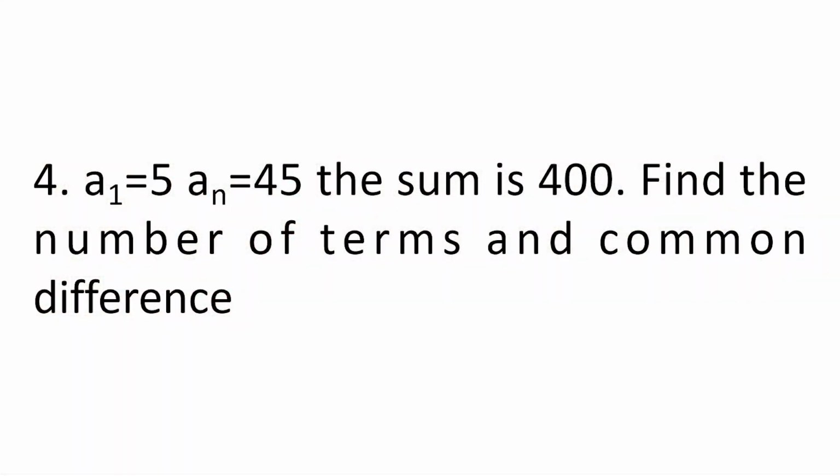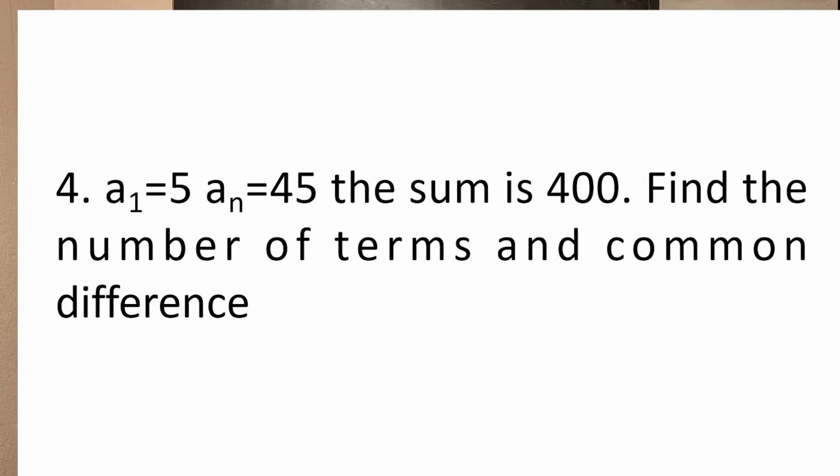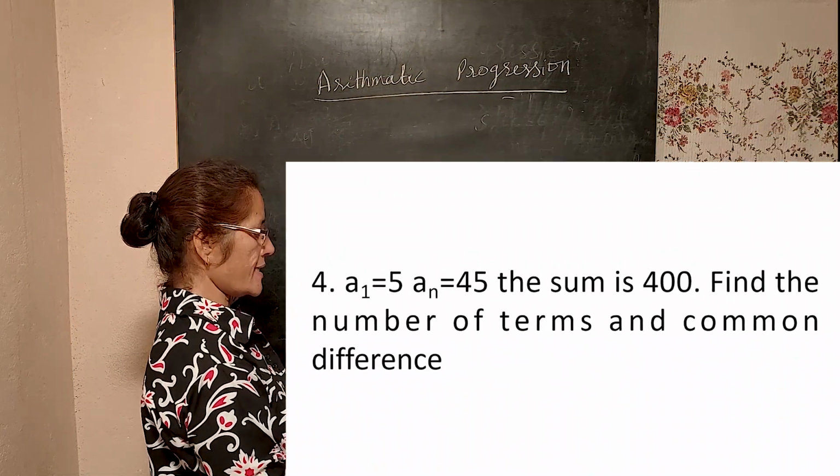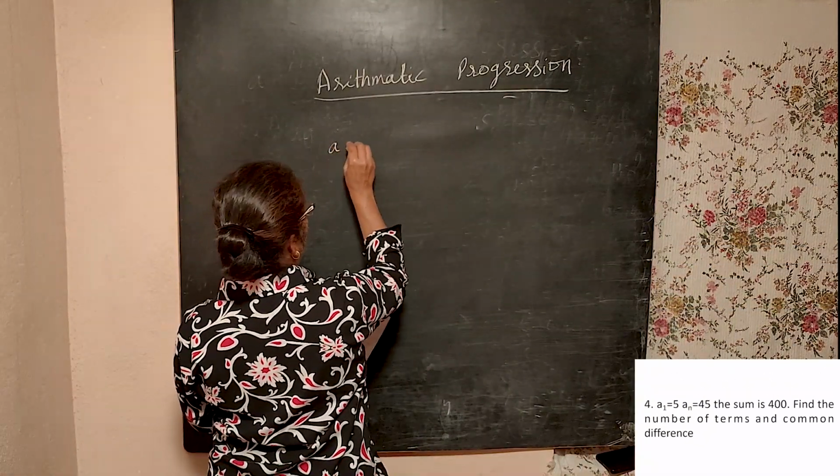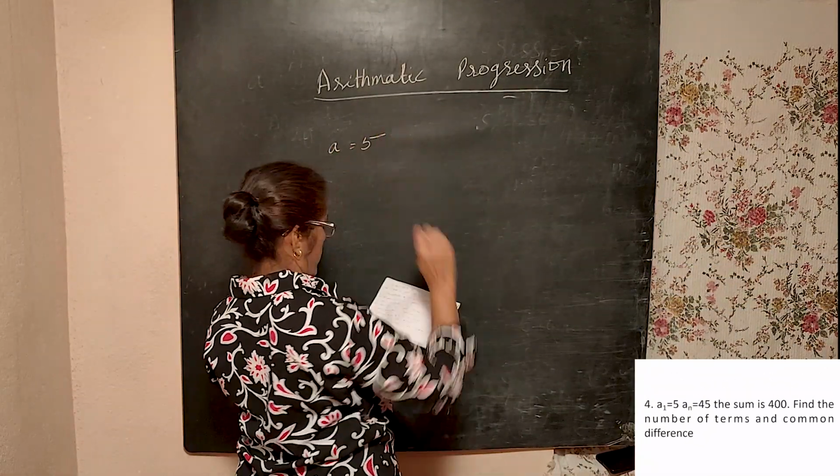If the first term is 5 and the last term is 45 and the sum of the terms is 400, find the number of terms and common difference. The first term of an AP is 5, so A1 or A is equal to 5.